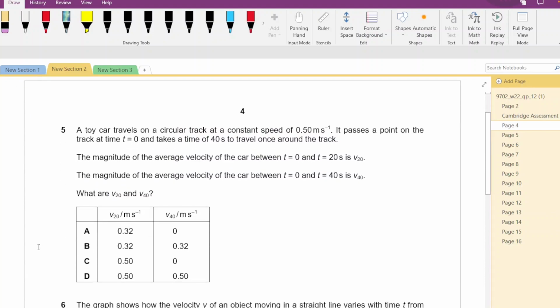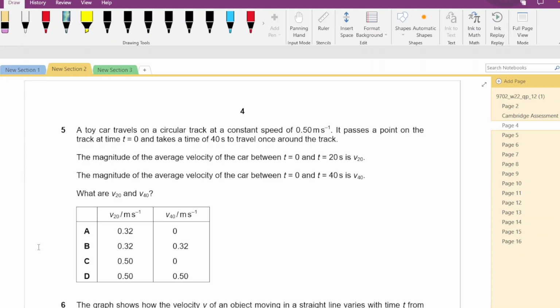Now I am at question 5. A toy car travels on a circular track at a constant speed of 0.50 meter per second. It passes a point on the track at time t equals 0 and takes 40 seconds to travel once around the track.